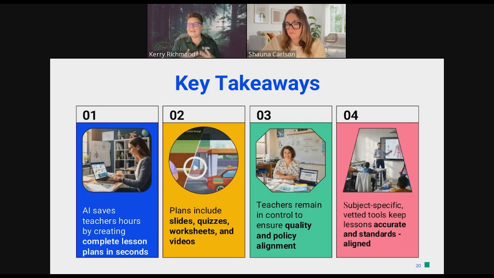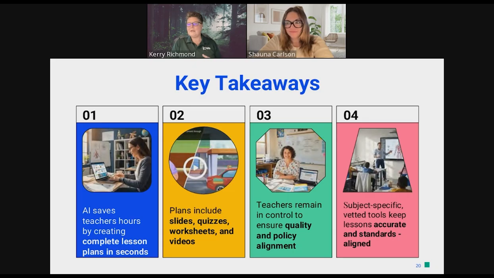You gain back that time where you have one on one instruction, you have mentoring time with your kids. And I call them your kids because they are your kids. And creative learning experiences. So instead of thinking of AI as replacing teachers, it's going to free teachers up to be even more effective at the reason they did it to begin with, to be honest, because it's all about the kids.